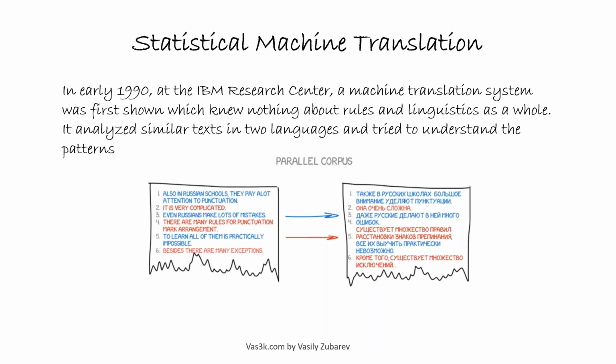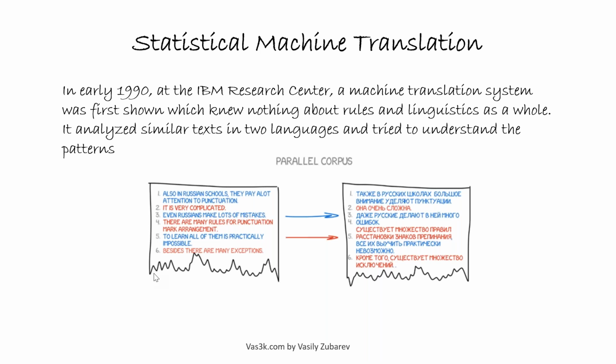It analyzed similar text in two languages and tried to understand the pattern. So the difference is parallel corpus. We used parallel corpus in SMT to translate from one language to another, right? That was a very different approach than normal machine translation.